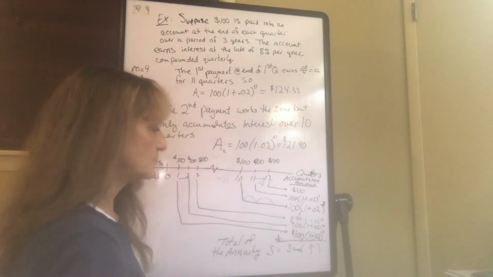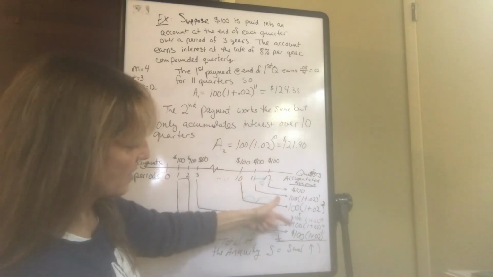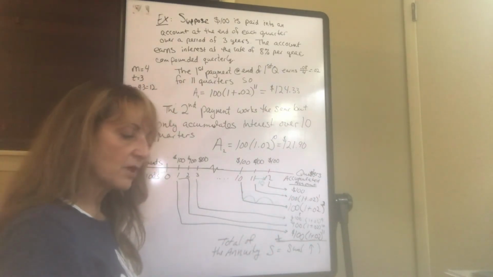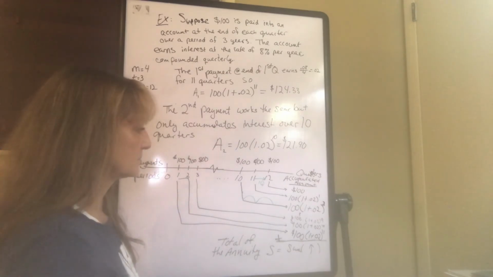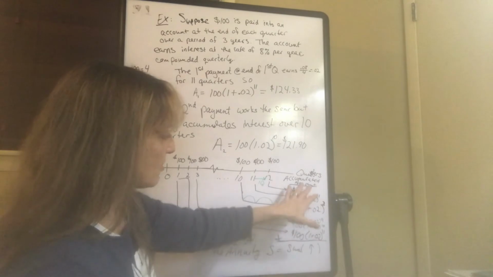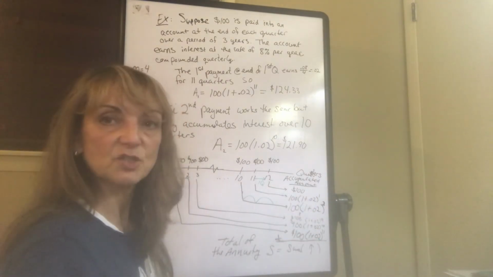All right, so whenever you have a sum that has a pattern, it's something that we call a geometric progression. These numbers like this are a geometric progression.